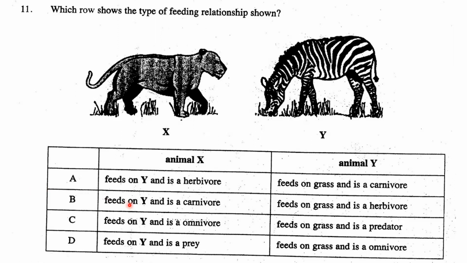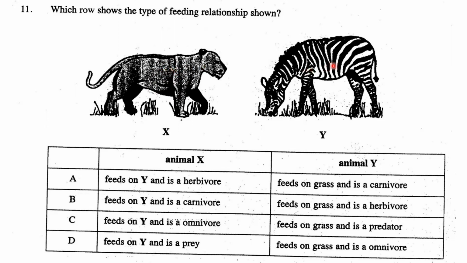This animal, right? Is this a herbivore or a carnivore? Carnivore. Why is it a carnivore? Because it eats other animals. Not because it eats other animals, but because it eats meat, right? So carnivore eats meat.